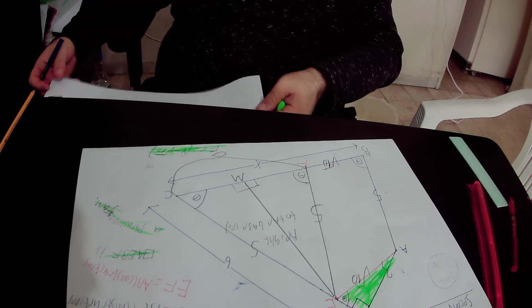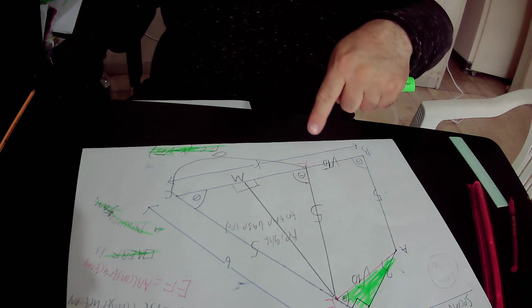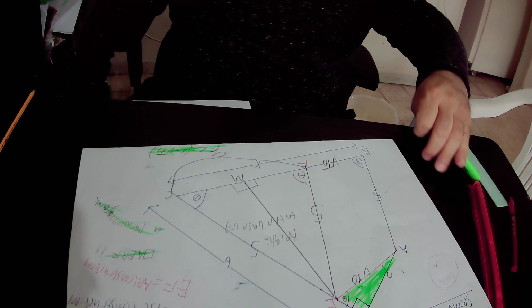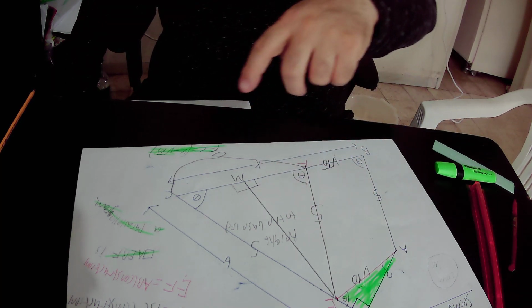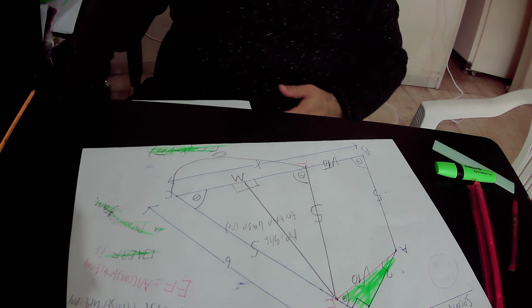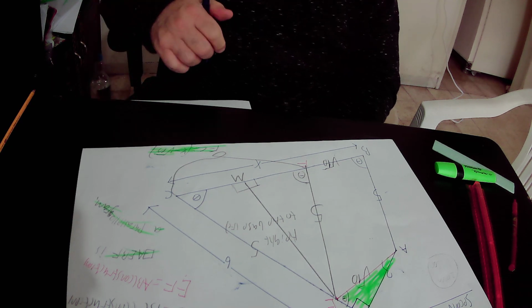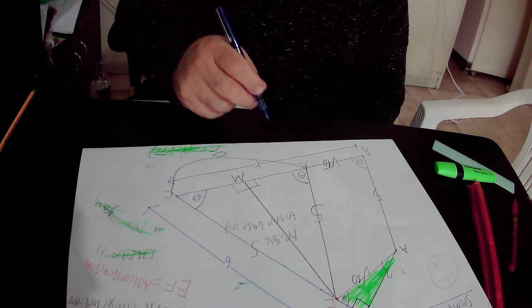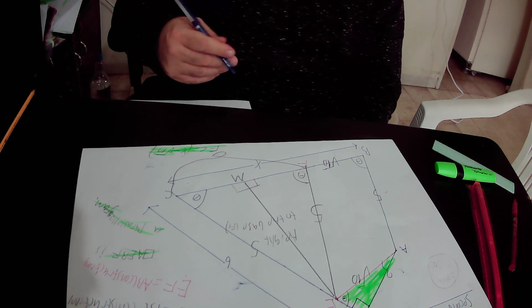In the isosceles triangle EFC, the height EM to the base FC bisects the base FC. This is to say, it divides it into 2 equal parts.